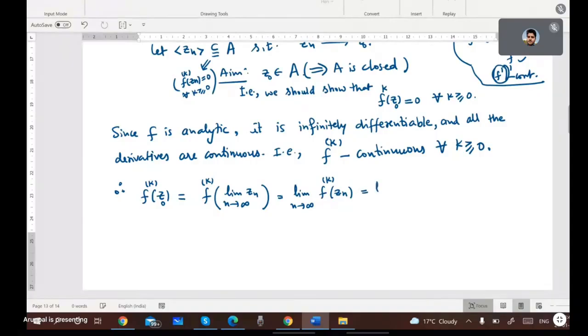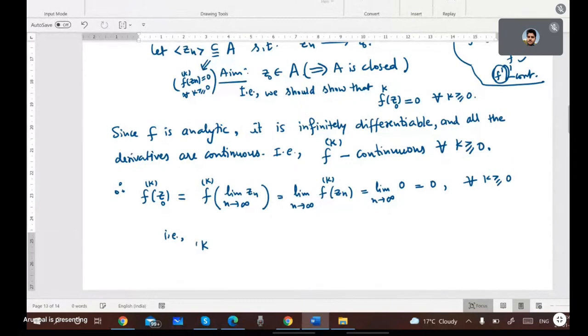So all these are 0. So this is simply the limit as n tends to infinity of 0, and it is 0. And certainly this is for all k greater than or equal to 0. Is this okay, class?